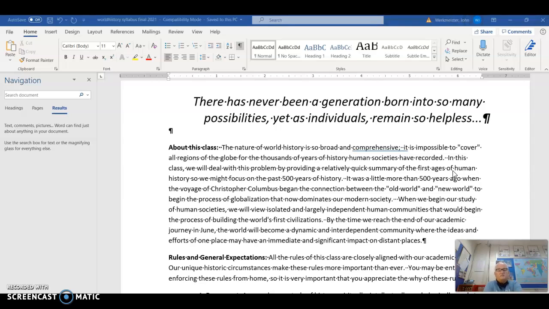So one of the things that's important to note, when we talk about world history, is that it really isn't a class so much as it is an understanding and appreciation of the world that you will be contributing to. I argue there has never been a generation born into so many possibilities, yet as individuals remain so helpless. What do I mean by that?